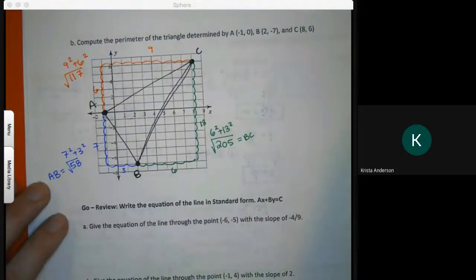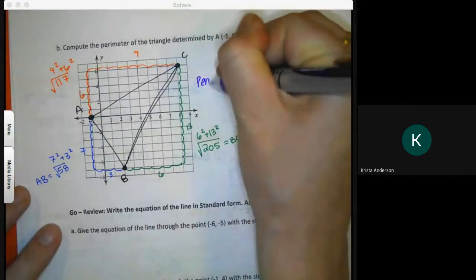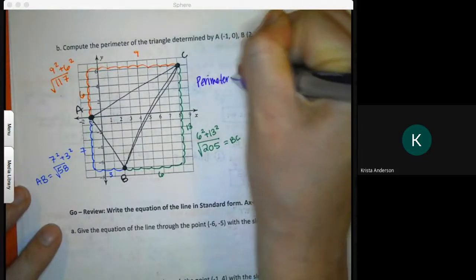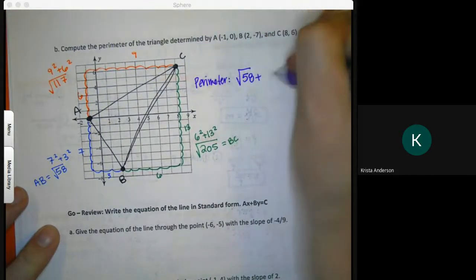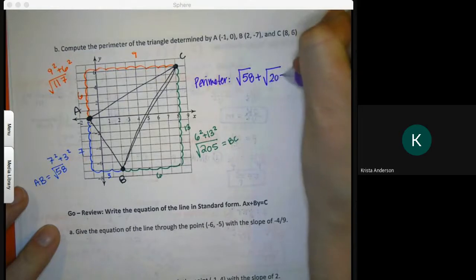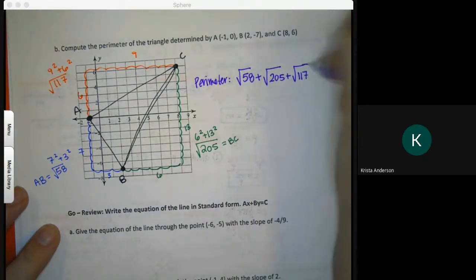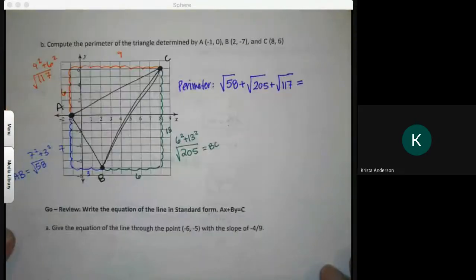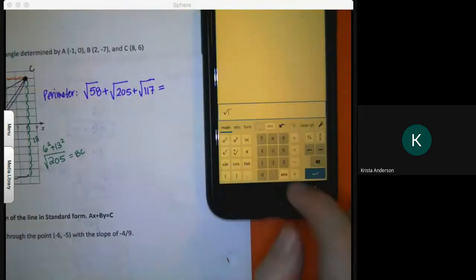For the perimeter, I would do the square root of 58 plus the square root of 205 plus the square root of 117. Square root of 58.